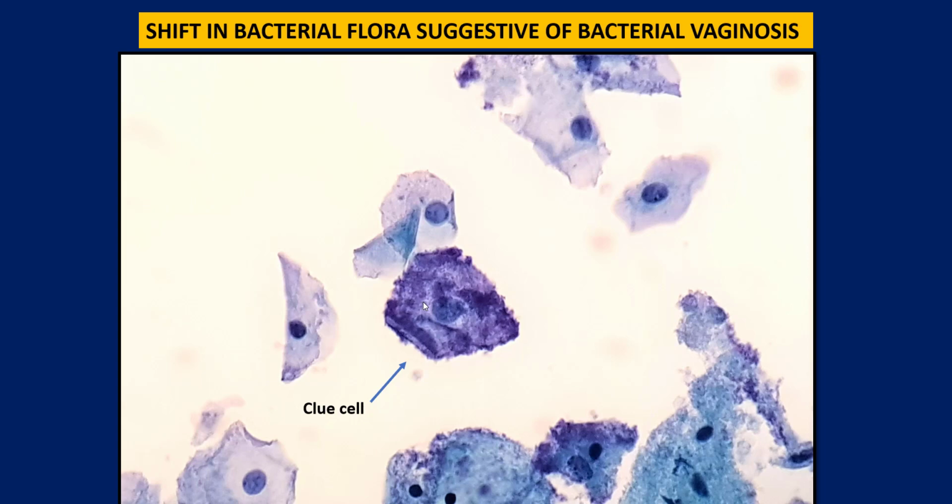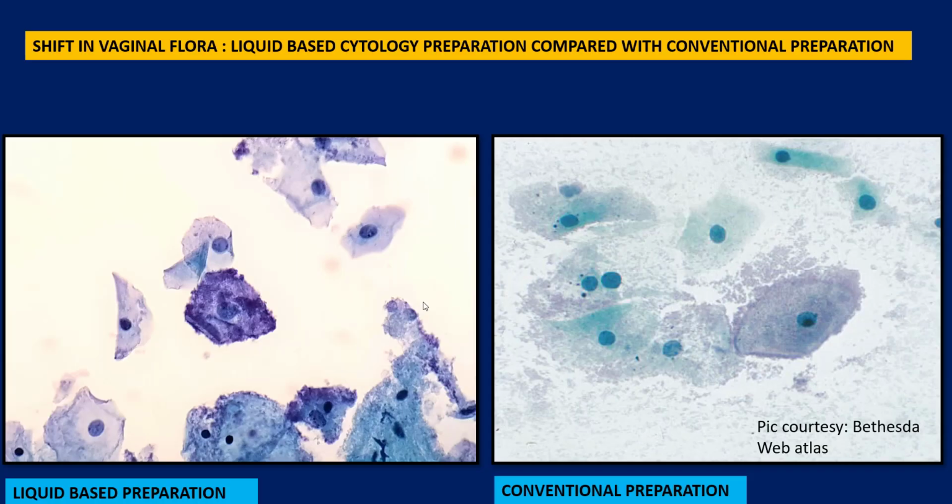Now, those of us who look at cervical smears as conventional preparations would be more familiar with the picture to your right, where you see the clue cells, but along with that you are going to see the coccobacilli forming a kind of a curdy structure in the background.